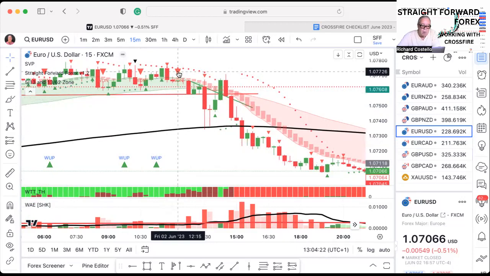Now I would have got an alert to draw my attention to the wave down. I would come back to the screen, and I would see that there isn't an engulfing candle. There is one there. I'm not ruling that out, but I would prefer an engulfing candle after the wave down, in which case I'll be waiting for that engulfing candle.